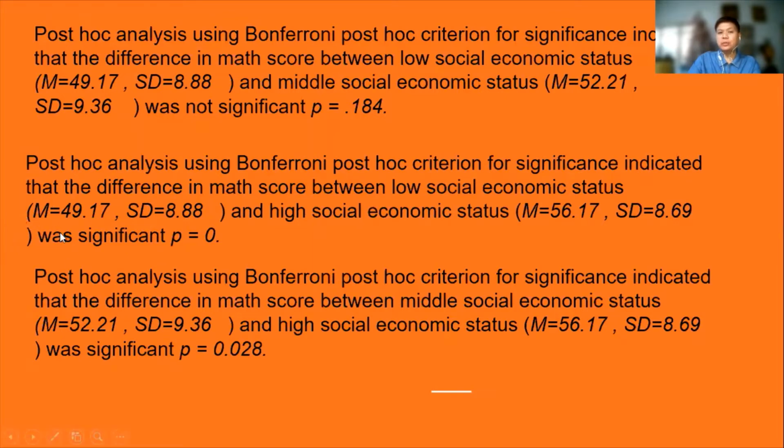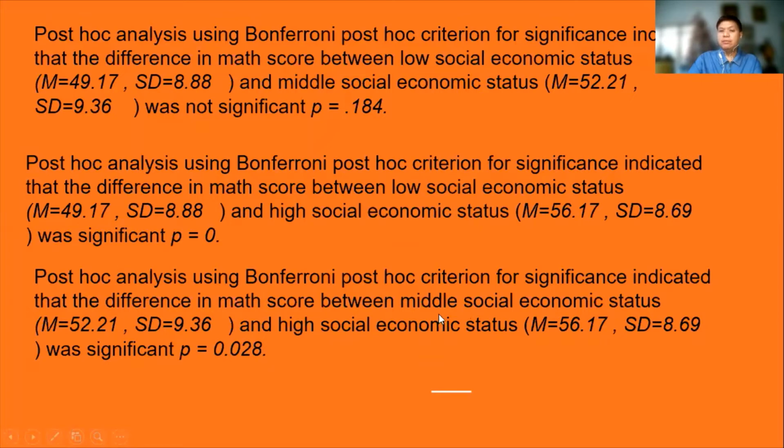You have to disclose the average math score of the low, which was 49.17 with the standard deviation of 8.88. You have to disclose also the average math score of the high SES students, which was 56.17 with a standard deviation of 8.69.